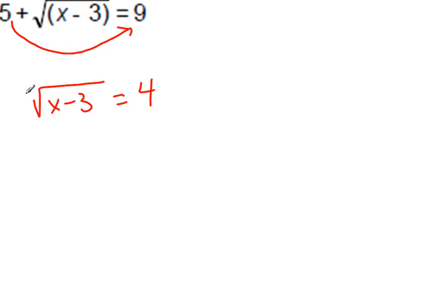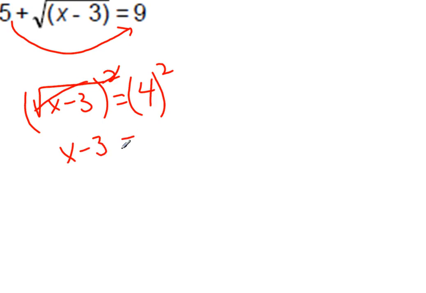The R says we're going to raise, so we're going to square both sides. And remember, when we square it, it just removes the radical. So I have x minus 3 equals 16. I'm going to move the 3 over, and when I move it over, it's adding the 3. So I have x equals 19. So it appears that my solution is 19.